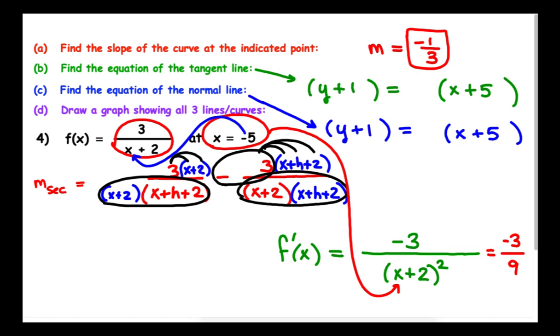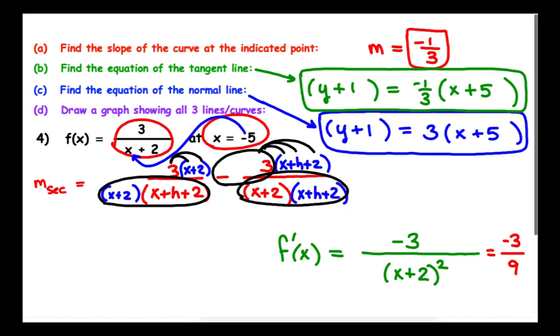And finally, we'll take the derivative, the negative 1/3 slope, and plug it into the tan line. Which means, of course, the normal line will have a slope of positive 3 over 1. All right, there's parts A, B, and C all completed. And I'll prove that we're correct by graphing all three and showing, hopefully, a great result here.